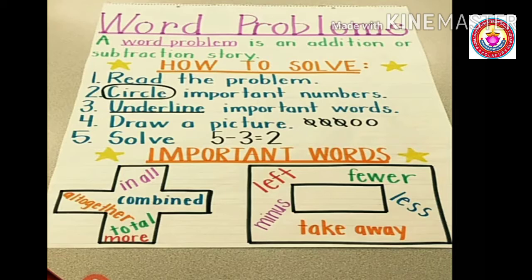Underline the important words like total, altogether, join, put together, sum, in all. Such words will indicate your problem is of addition sums. You can draw pictures also, okay, to do the sum easily. And lastly, you can write the numbers and calculate using your fingers as you have already studied.